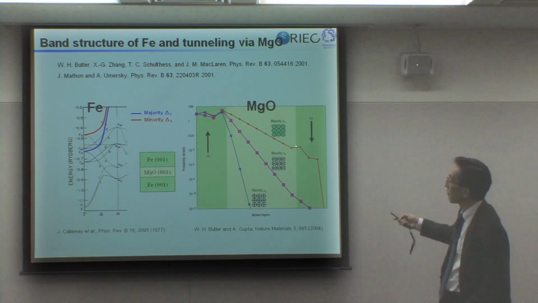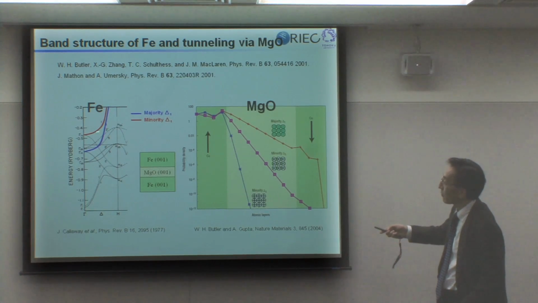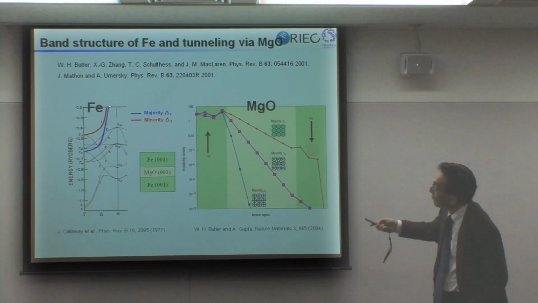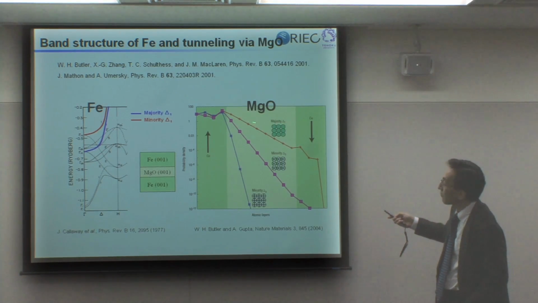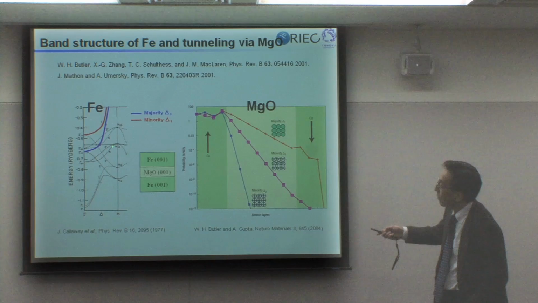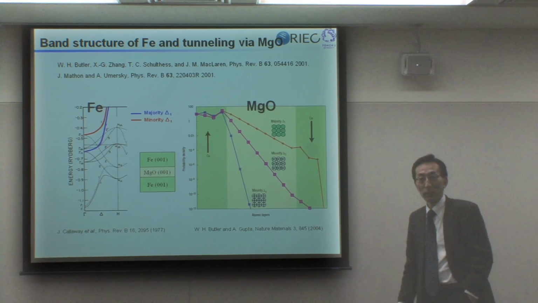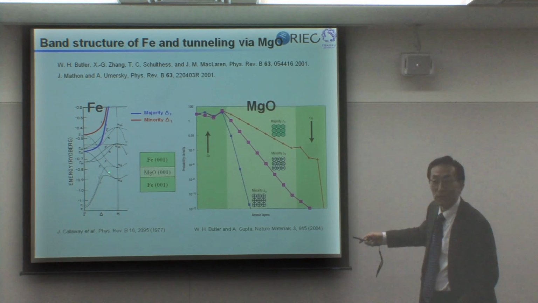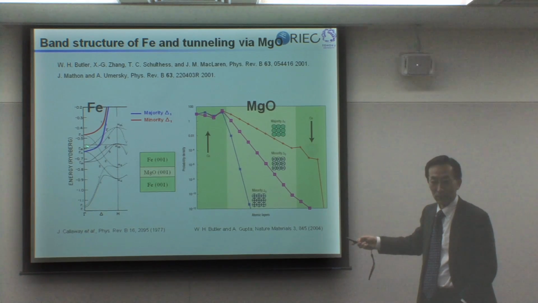What I mean by wanted state is that this state, which is called delta 1 band, is shown here for the iron case. And here, this is our Fermi level. And this delta 1 band has 2 branches, and only one branch crosses Fermi level, which means that if you can forget about other states, iron becomes half metal.